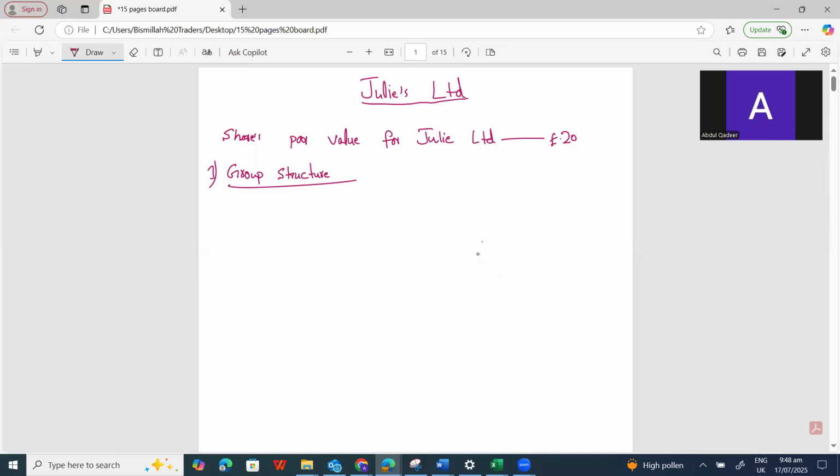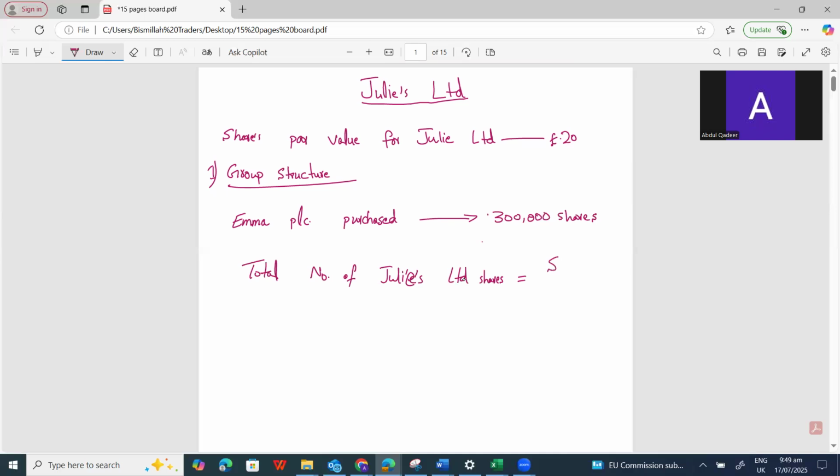As we know, Emma Public Limited purchased 300,000 shares of Julie Limited. Now the next thing is how we can know the total number of Julie Limited shares.